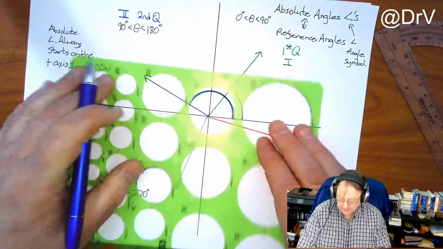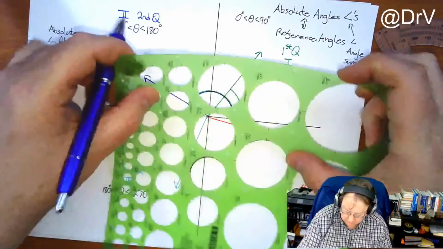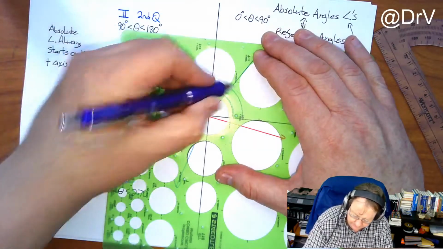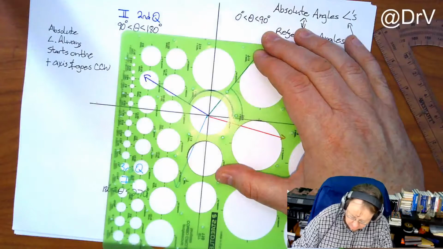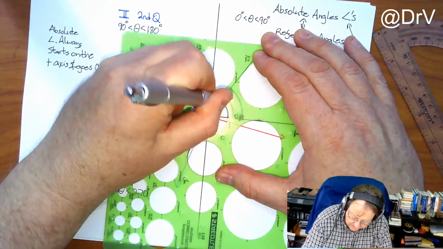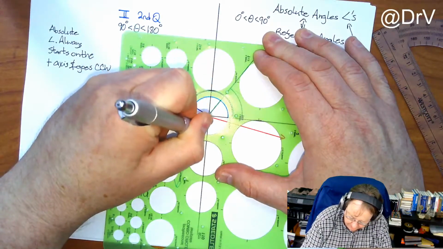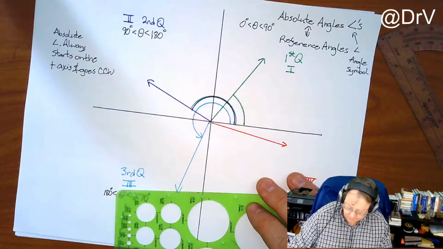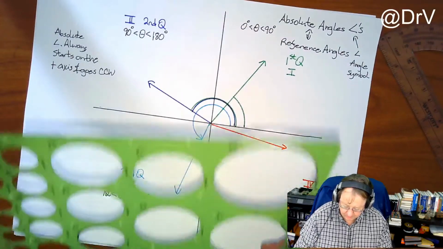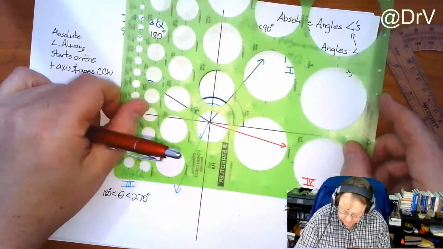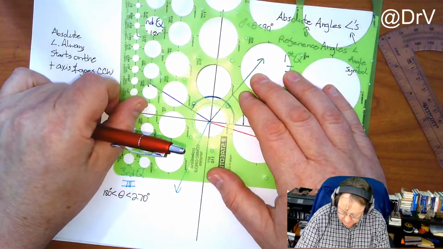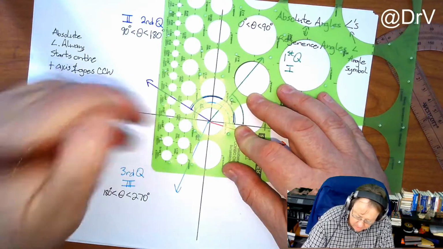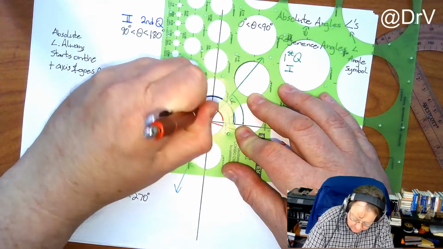Okay. And then third quadrant, we use this, and then for the fourth, we're gonna use, let's do this. This.